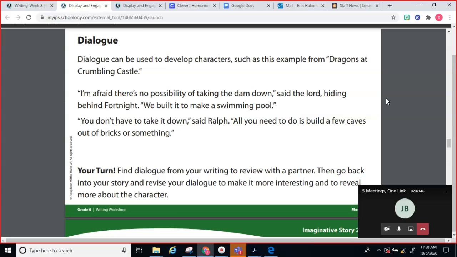Ralph and the Lord. Ralph and the Lord, exactly. What does the Lord's dialogue reveal about him? If he's saying, "I'm afraid there's no possibility of taking the dam down, we built it to make a swimming pool," what does that reveal about him?